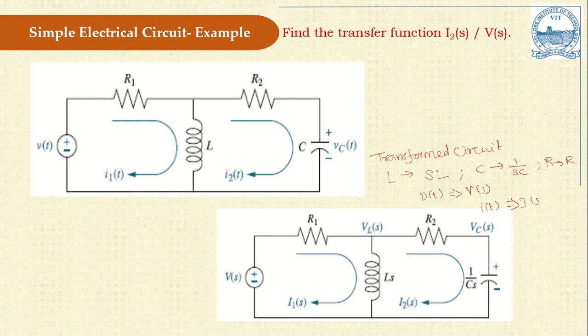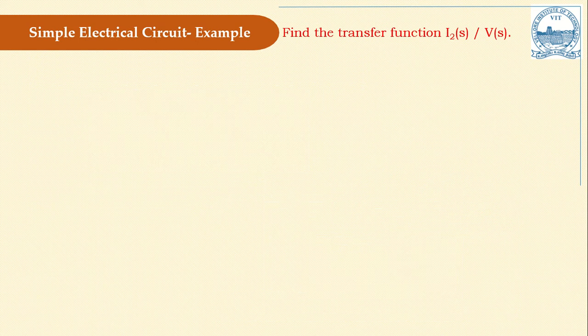Okay, so if I try to write the loop equation for the first one, for loop 1, KVL is given by V of s is equal to R1 I1 of s plus SL into I1 minus I2.